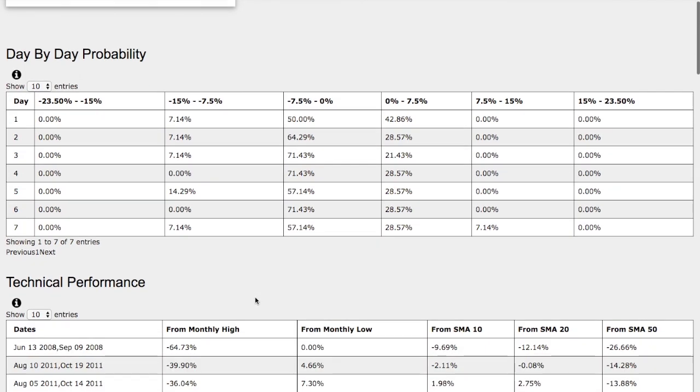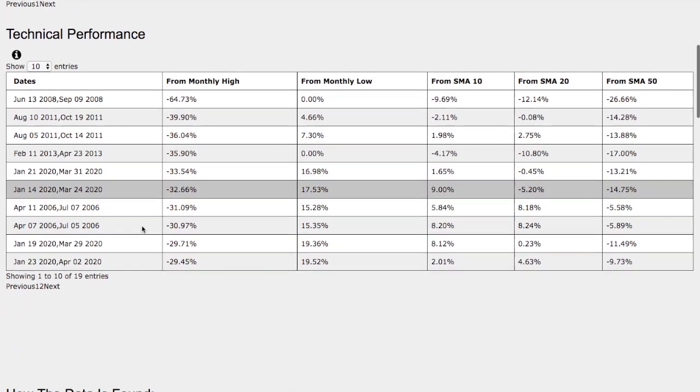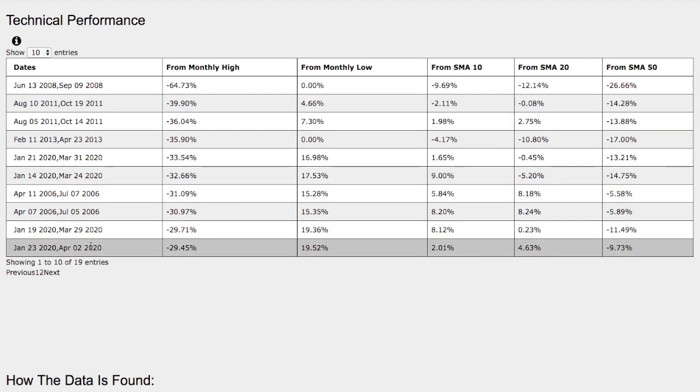And if we examine closer the technical performance on the current trend, we are down 30% from monthly high, up 20% from monthly low, up 2% from 10 simple moving average, up 4.6% from 20 simple moving average, and down 10% from 50 simple moving average.